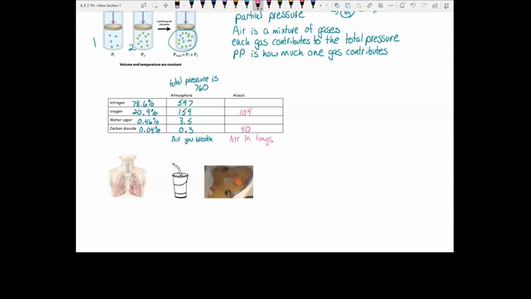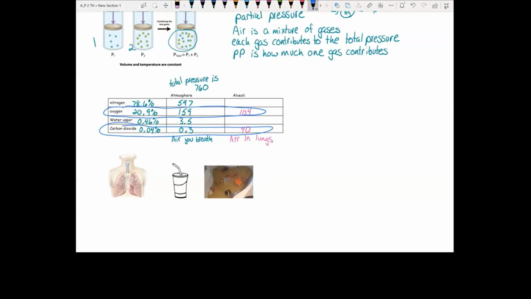So I want to explain the difference in these numbers, focusing on oxygen and carbon dioxide. The air that's right in front of your face right now has a partial pressure of 159 for oxygen and 0.3 for carbon dioxide.